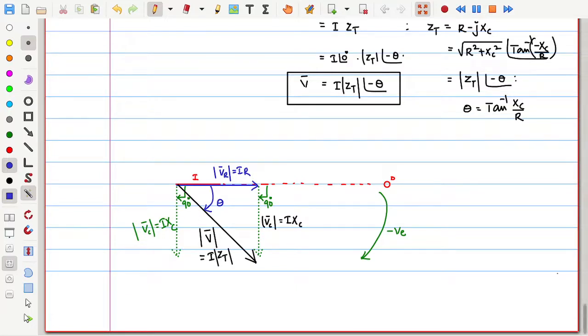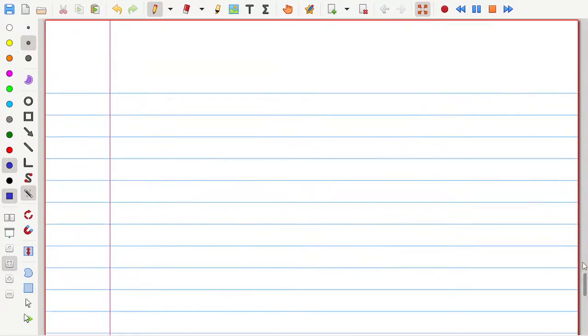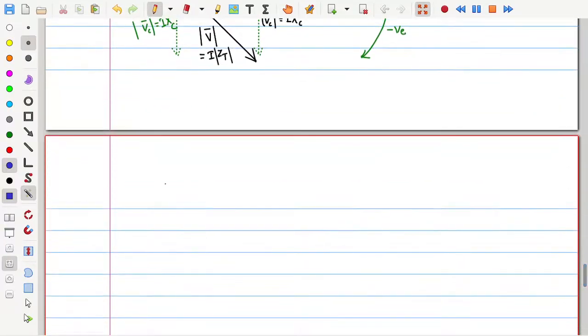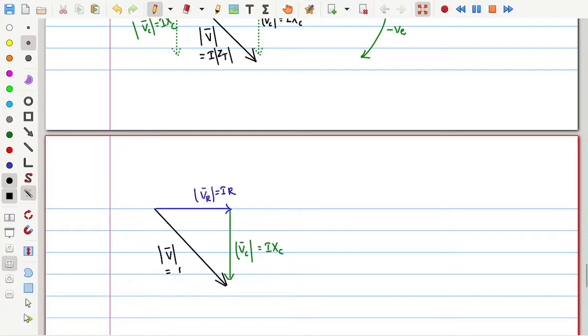Now, just as in the RL circuit, you can proceed with the triangles for an RC circuit. We have the voltage across the resistor, which is I into R, and the voltage across the capacitor, Vc magnitude, which is I into Xc, and the total voltage is the sum of these two, V bar magnitude, which is equal to I into, tell me, ZT magnitude.